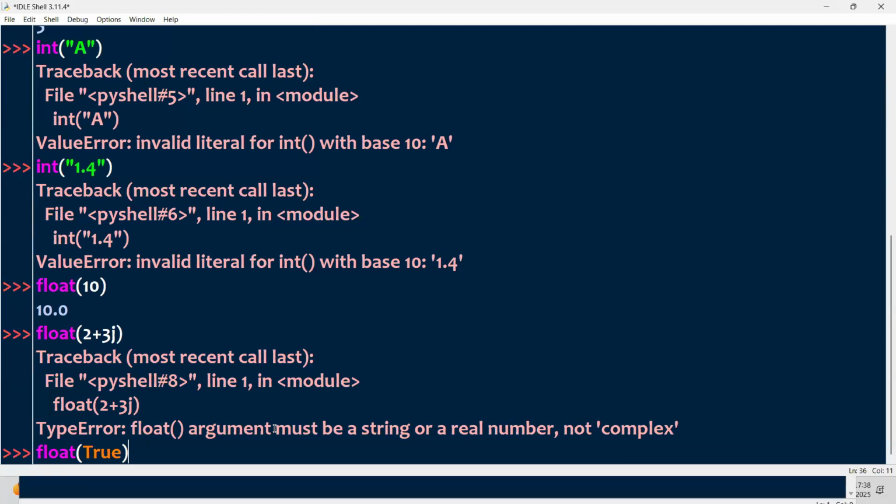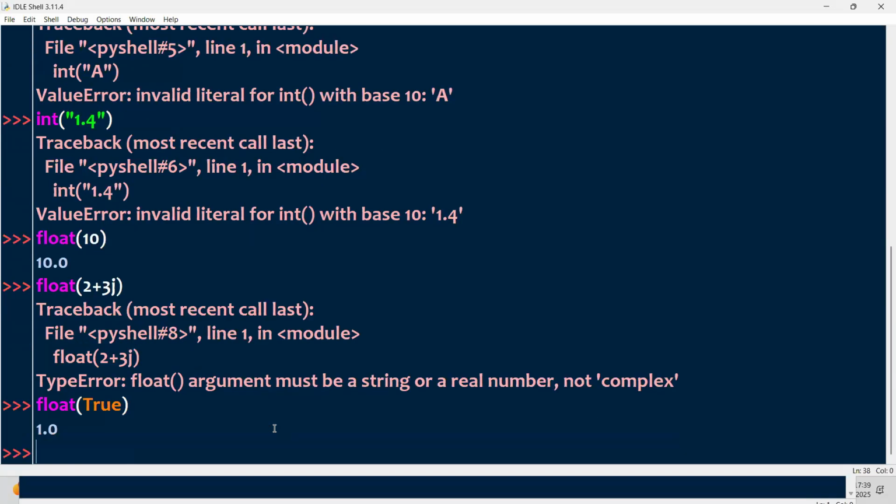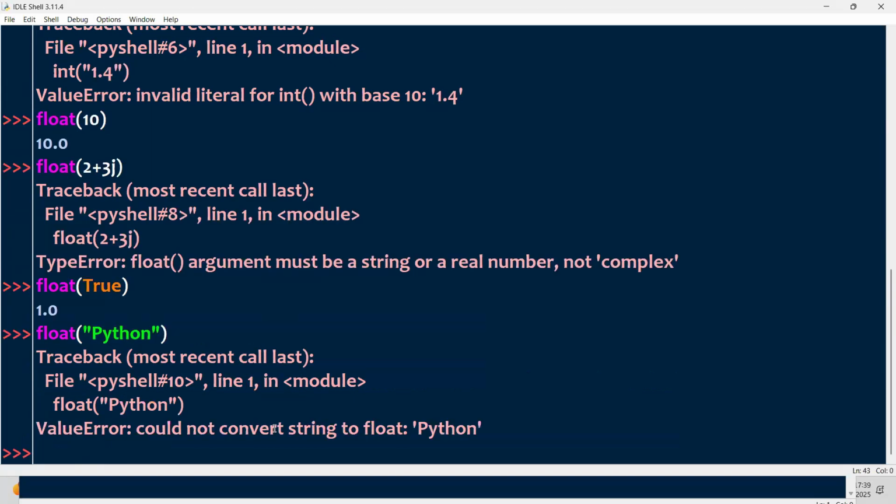Because just now I said True means 1, so True means 1.0. Yes, good. False means 0. Now float of integer, complex, boolean is over. Next, string. Here also we cannot convert. But let's try like this.